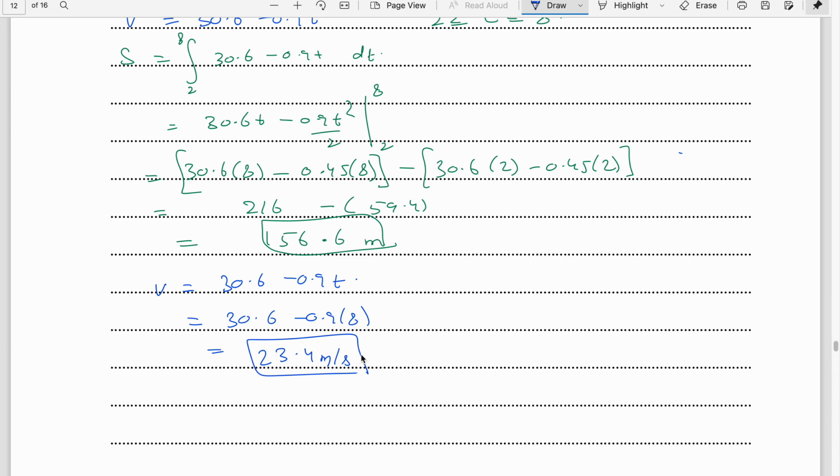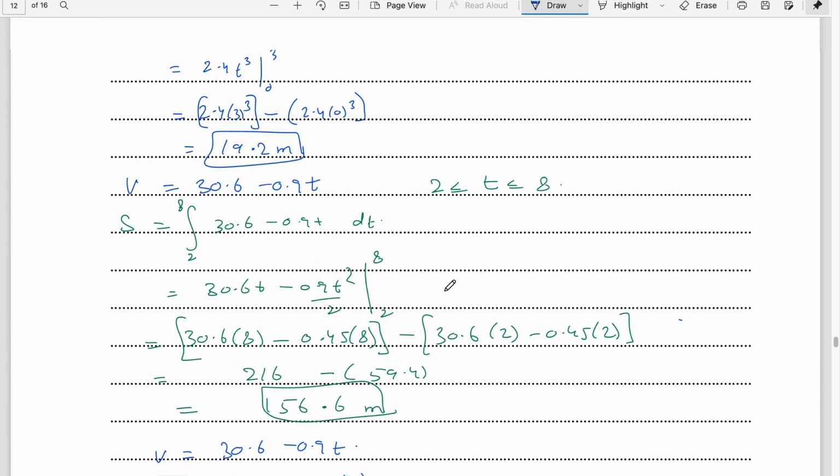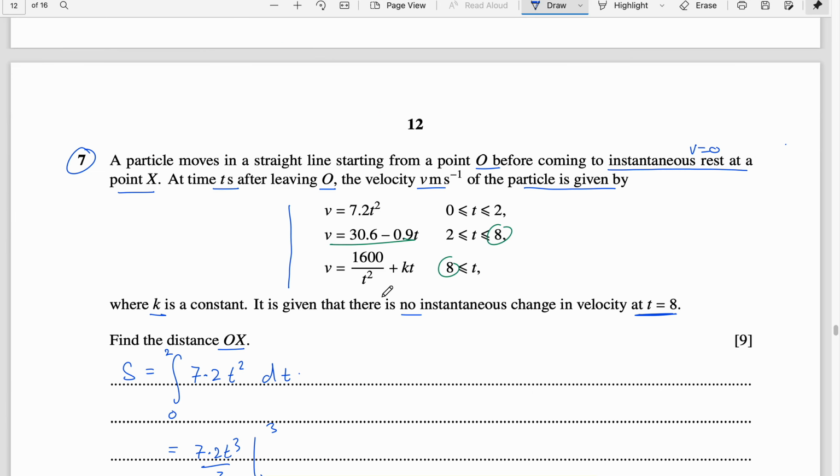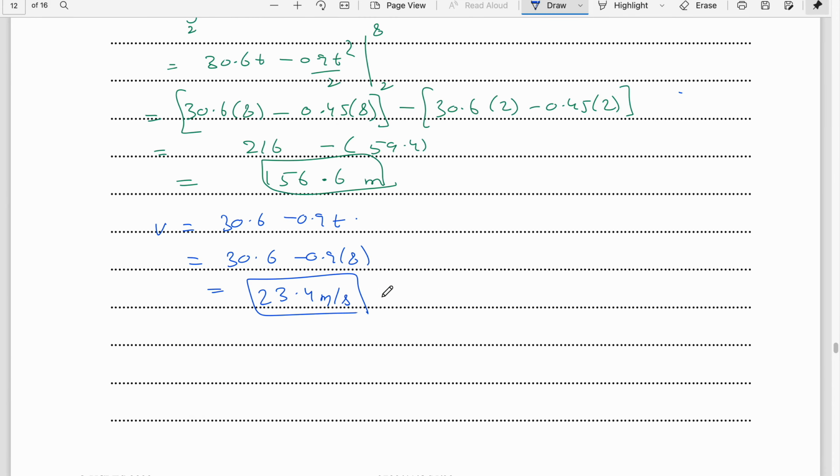I'm using this in the third equation, which is 1600 over t square plus kt.